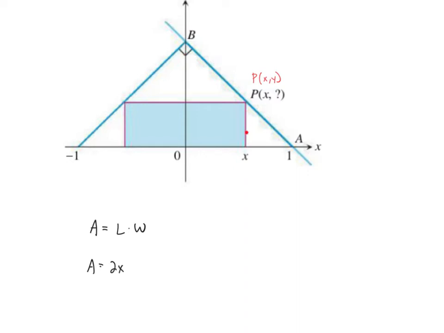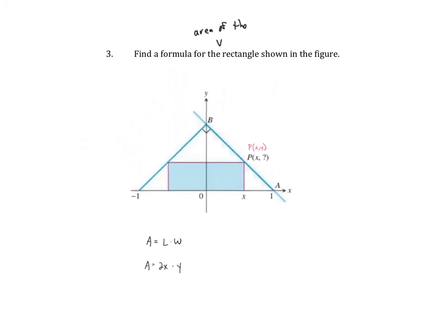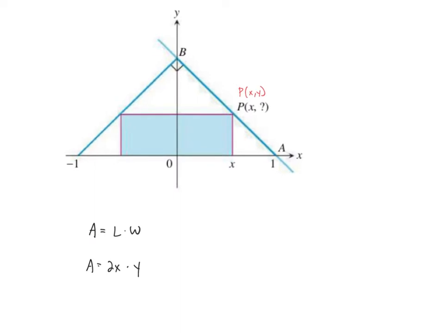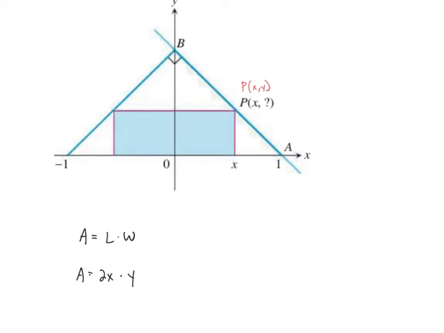Okay, if we call this the width here, then this is just y. Okay, so we got a formula for the area of that rectangle. Now we just need it in terms of one variable, so we'll have to get an extra equation that involves x and y.